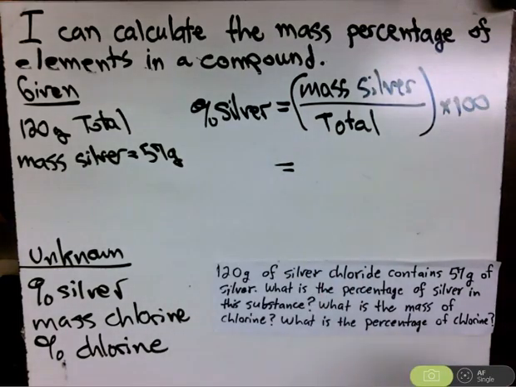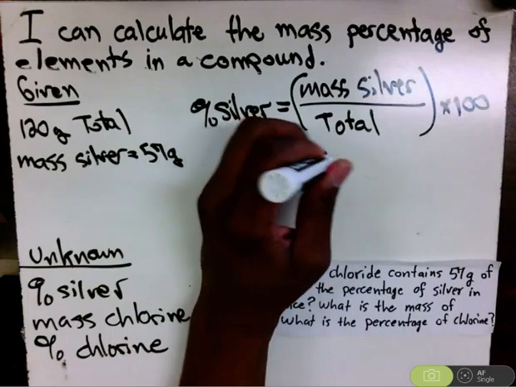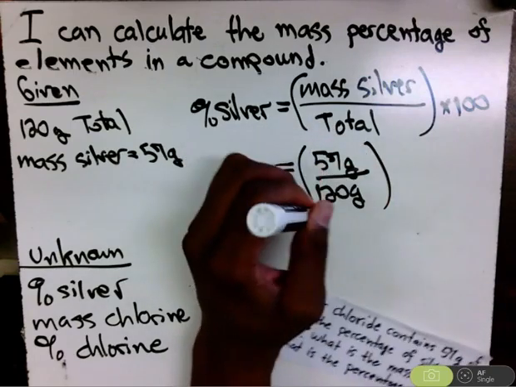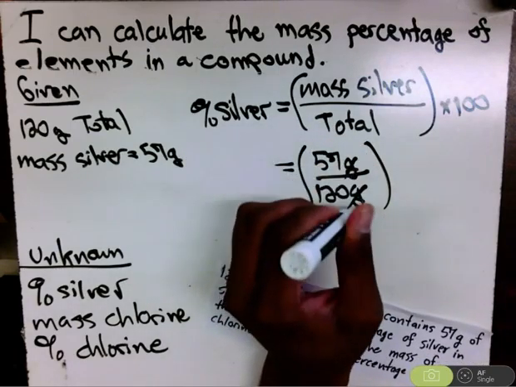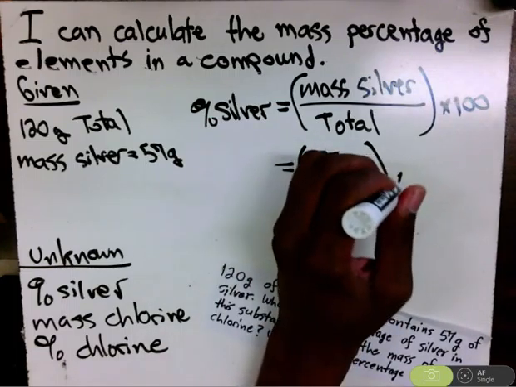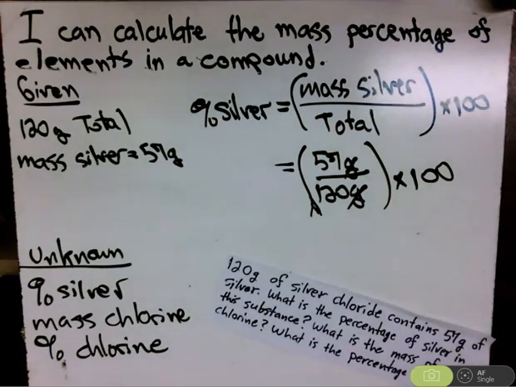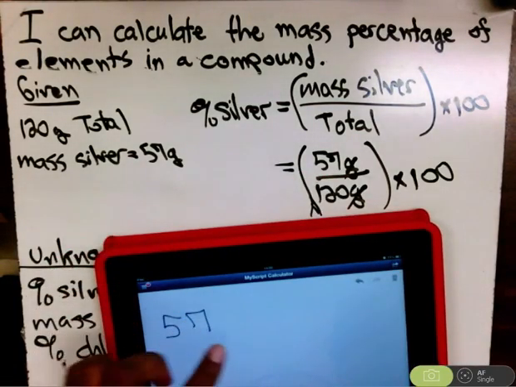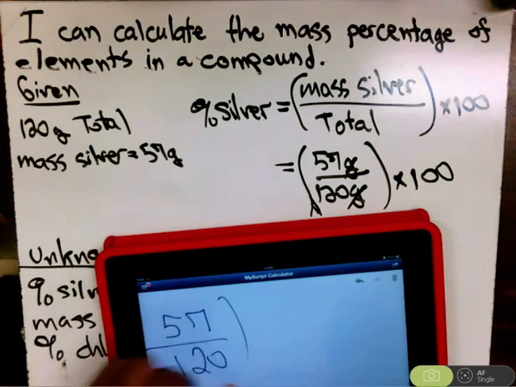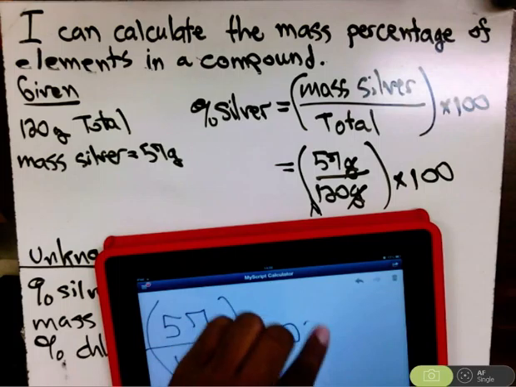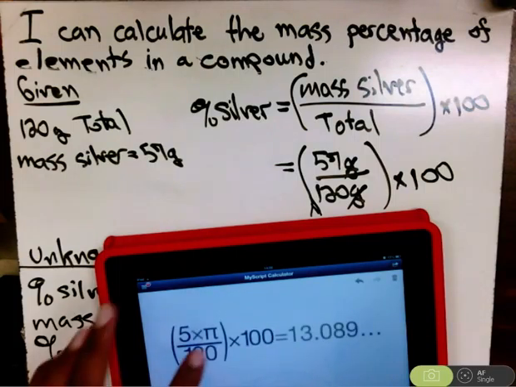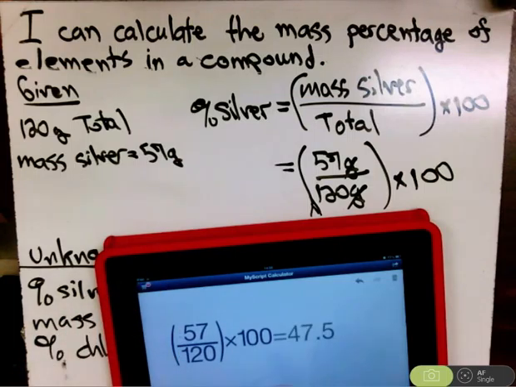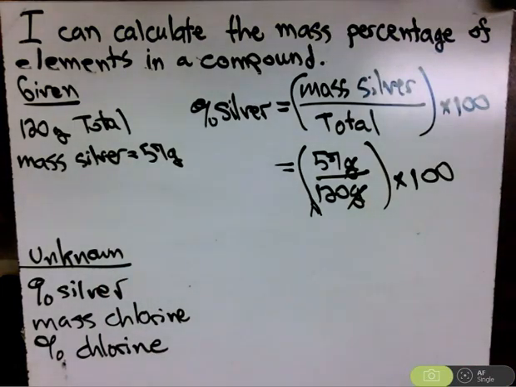So I'm going to take the mass of silver, 57 grams, divided by my total, 120 grams. My grams cancels out because I have one on the top and one on the bottom. Multiply that by 100. And when I do that out, 57 divided by 120 multiplied by 100, I get 47.5.